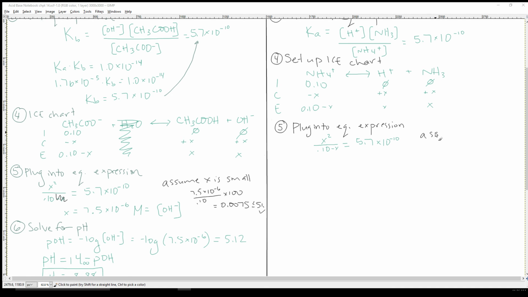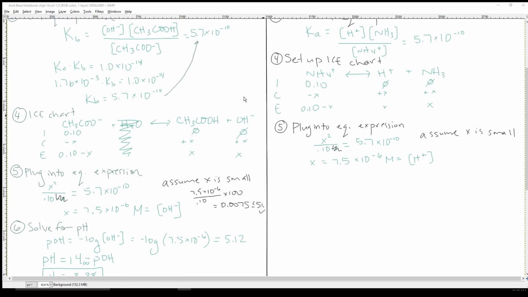I want to assume x is small, and I can do that because my K value is small. So that means I can get rid of this x. So I end up with an x value of 7.5 times 10 to the negative 6. Well, that's interesting. It's the same number we ended up with last time, except this time this is representing our concentration of hydrogen ions.